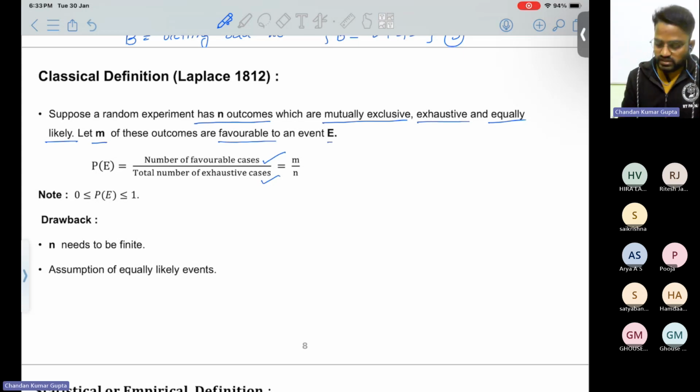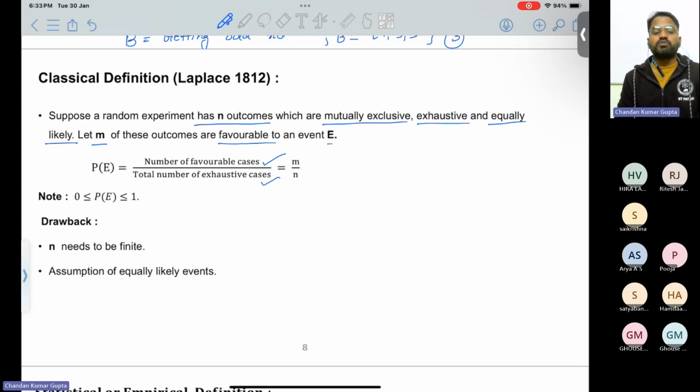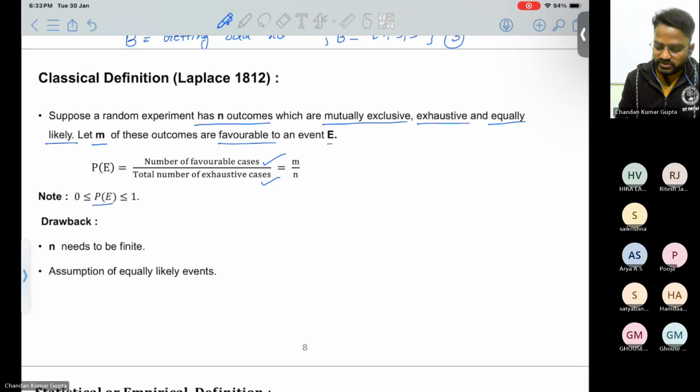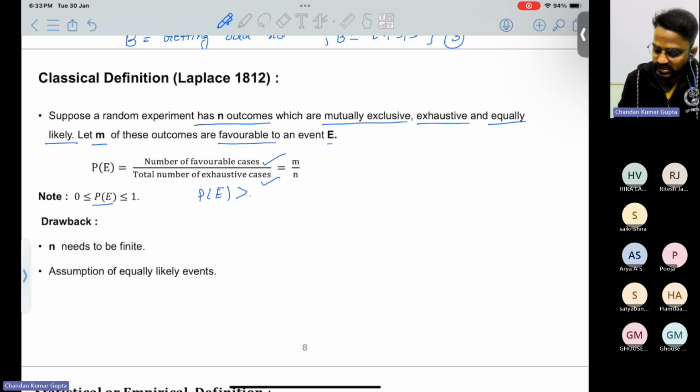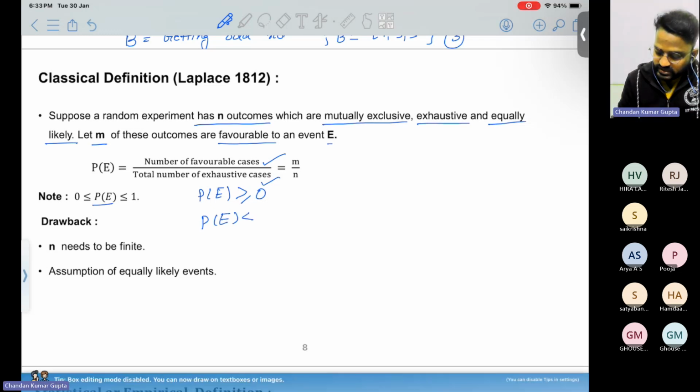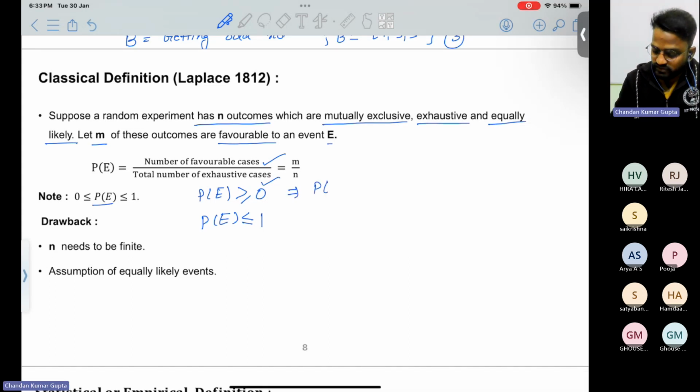There are various properties of probabilities. For any event E, the probability of E is always greater than or equal to 0. Also, the probability of any event E is less than or equal to 1. Suppose the probability of an event is 0.